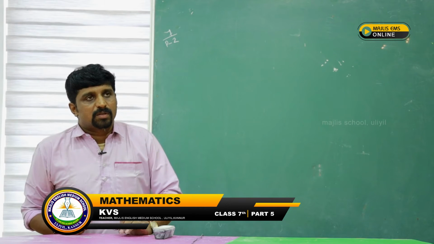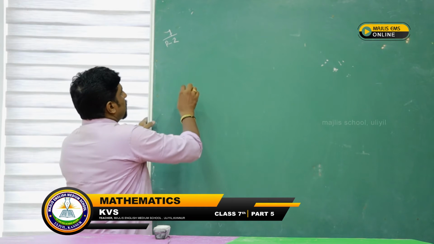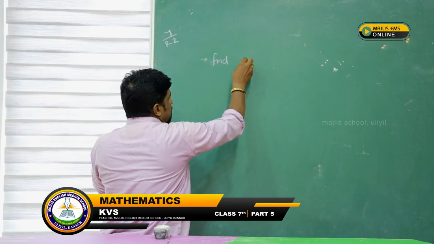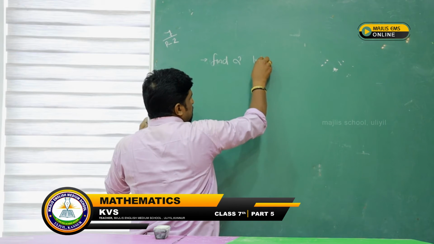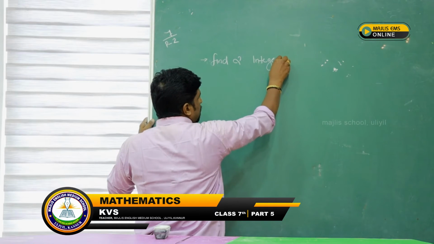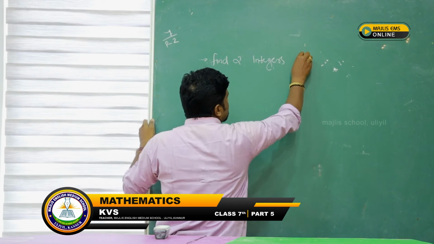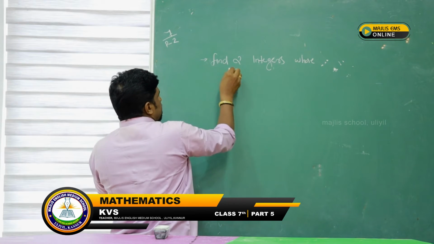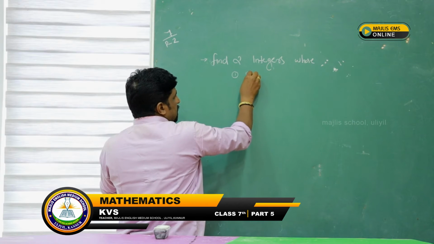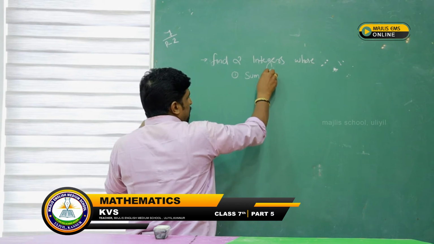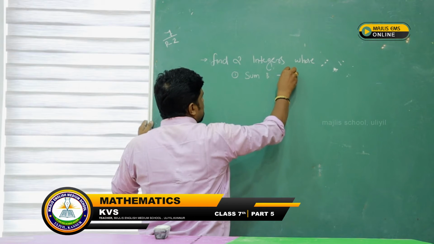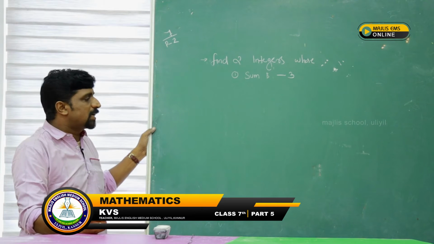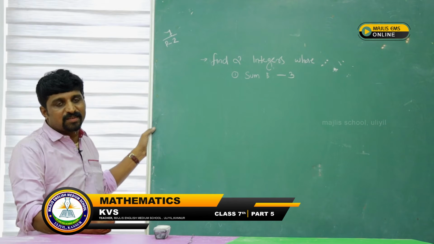First question: find two integers whose sum is minus 3.